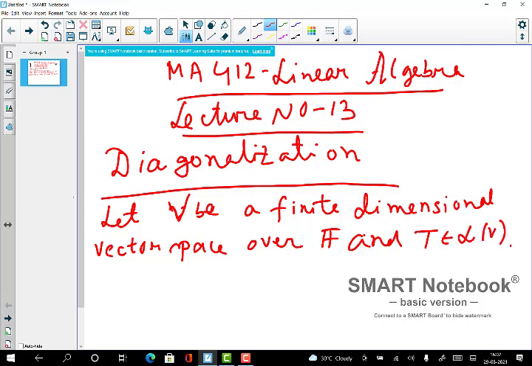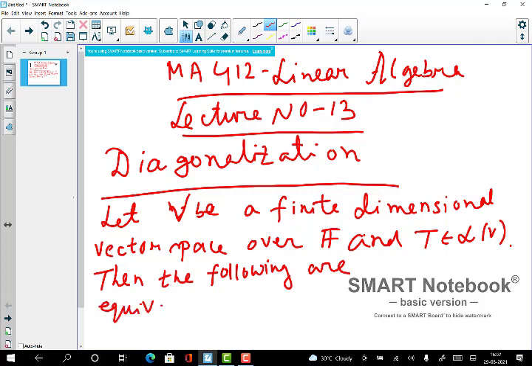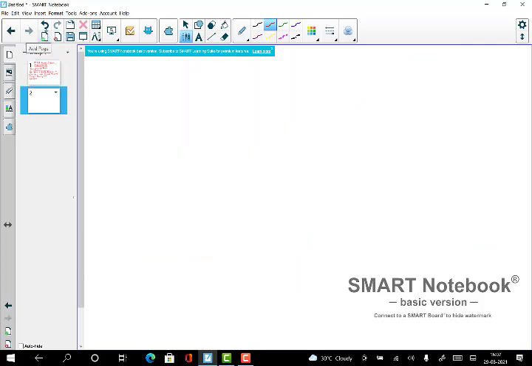Then the following are equivalent. I will just start with two, and later I will discuss the other equivalent forms one by one.